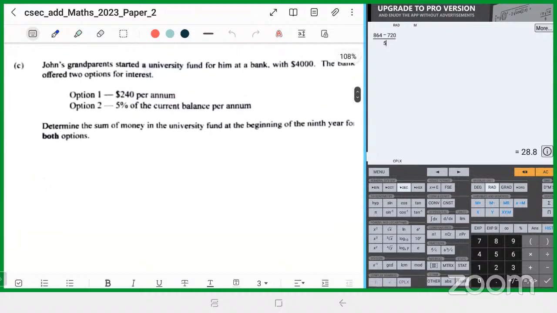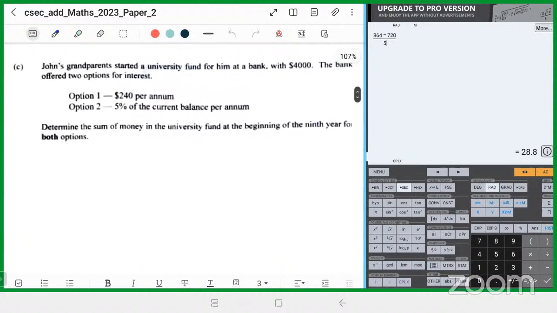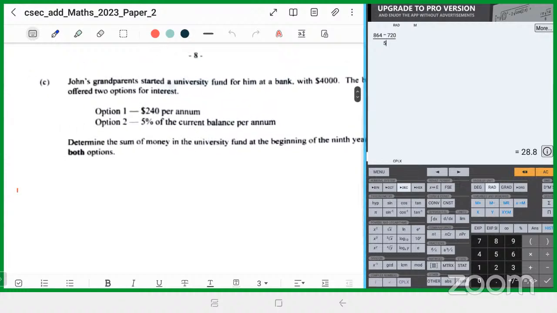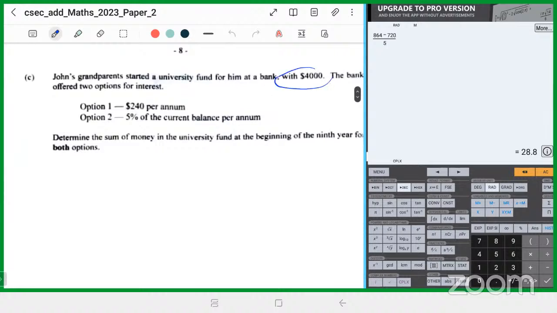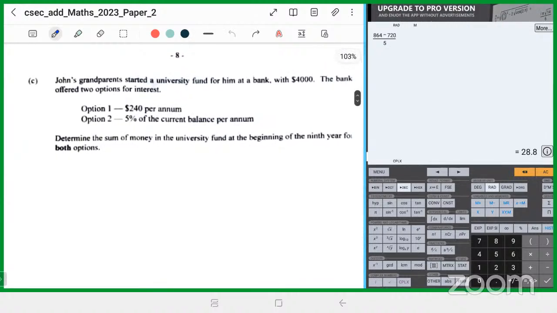What happens is that John's grandparents started a university fund for him at a bank with $4,000. So he started with $4,000. The bank offered 2 options for interest. One, $240 interest per annum. So it's a per year thing again.